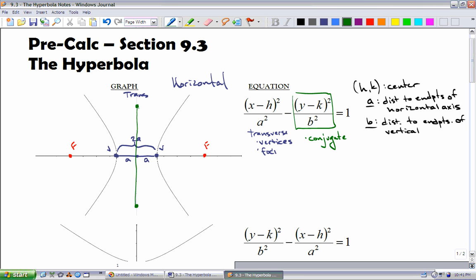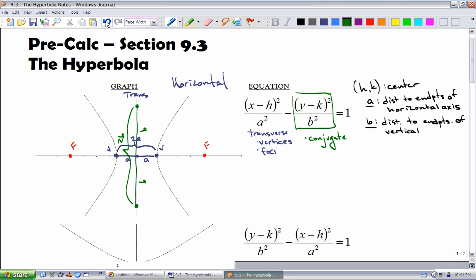Pay attention to this. One, because the y comes second, or you can think the x comes first. Okay, so that determines our conjugate axis. Again, it's b in each direction, making the entire thing 2 times b. Alright?